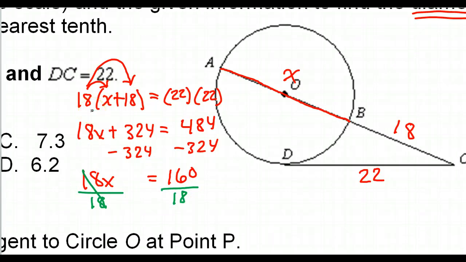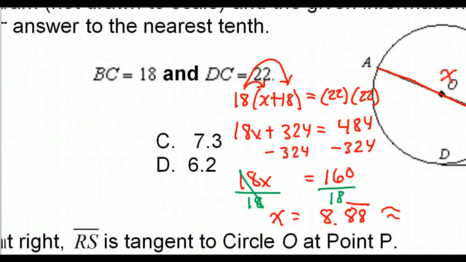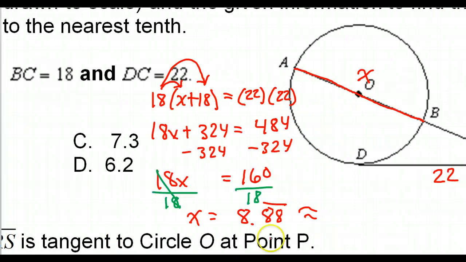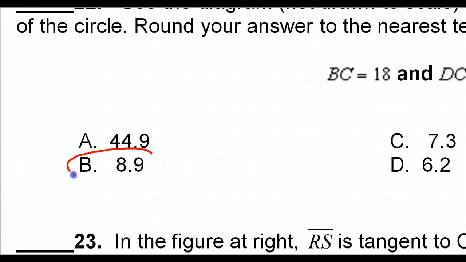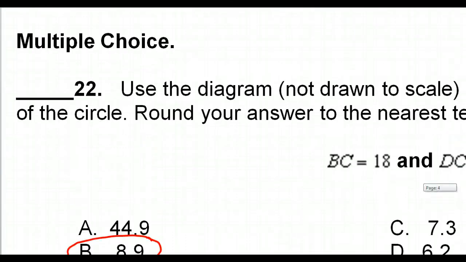And that's going to give me, okay, I'm getting 8.8 repeating. So that's approximately, I'm looking at my multiple choice answers, and I see they're all one decimal place, so this is approximately 8.9. So there it is, B, 8.9. Okay, that was number 22.